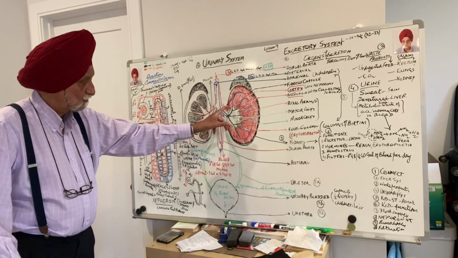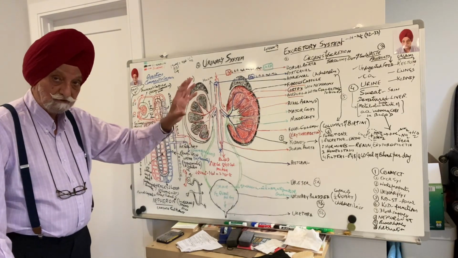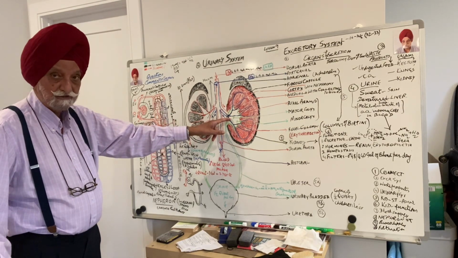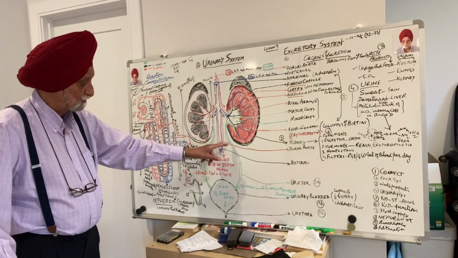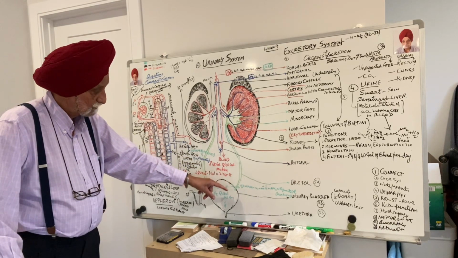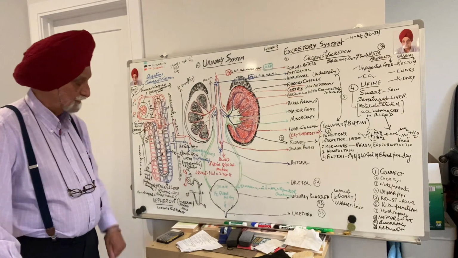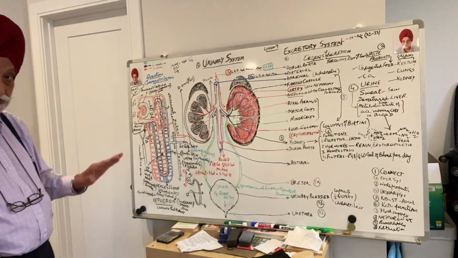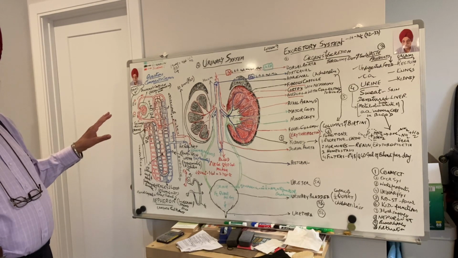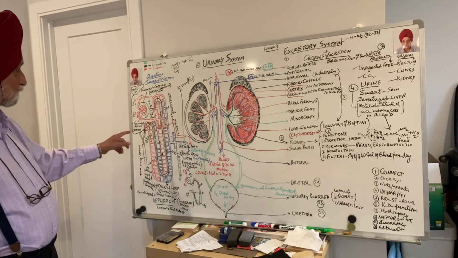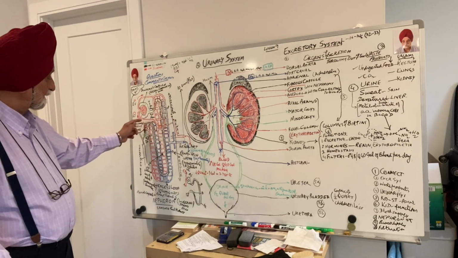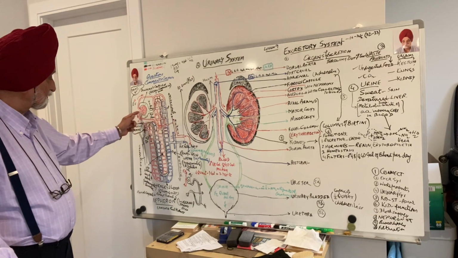And then all those drops from so many uriniferous tubules come into the pelvis of the ureter, and from the pelvis of the ureter through the ureter into the urinary bladder, and then it is stored in the urinary bladder.